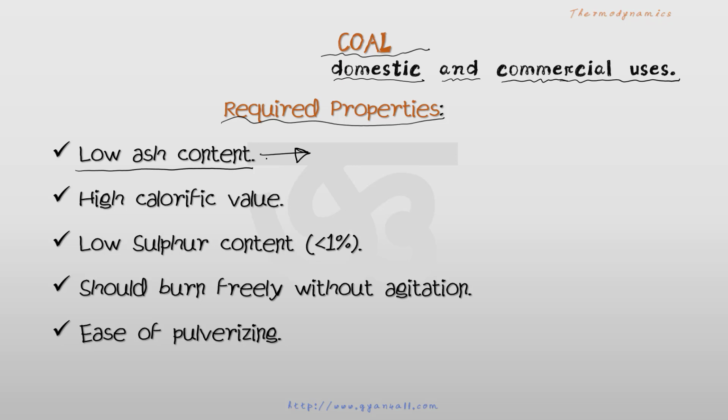So ash content should be less. And high calorific value, this we will discuss in detail maybe in the next class. Calorie is the unit of heat. So high calorific value means what? If we burn coal, it should produce more heat, and that we call calorific value.